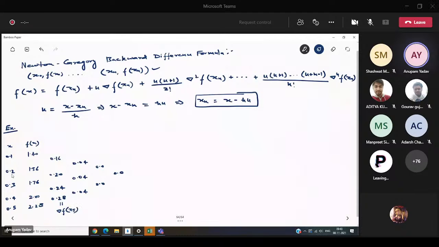I'm writing it according to this particular case, but in general this is the backward difference of f at xn. Since n is 5, that is why I am writing the backward difference of f at x5. And similarly, this value will be the second backward difference of f at x5, this value will be the third backward difference of f at x5, and this value will be the fourth backward difference of f at x5. Okay, so we can use this formula to get the polynomial.